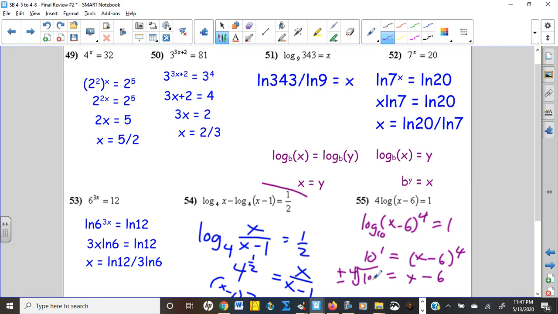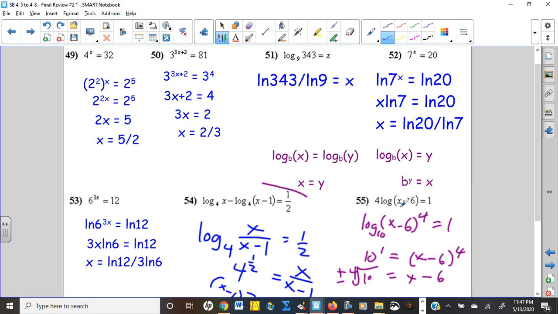I don't think you need to worry about the negative fourth root of 10 plus 6, because that negative value, I think, would create a negative argument up here. Your answers can't create negative arguments, is basically what's happening.